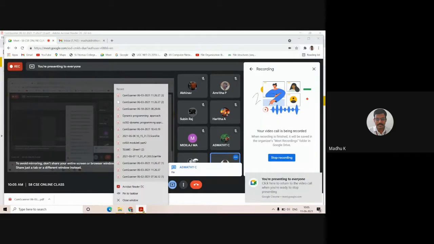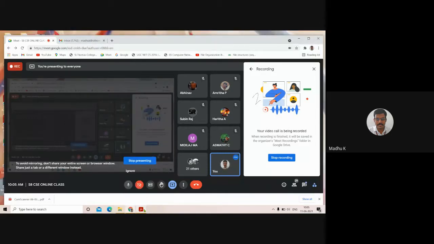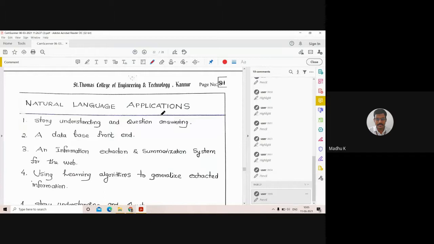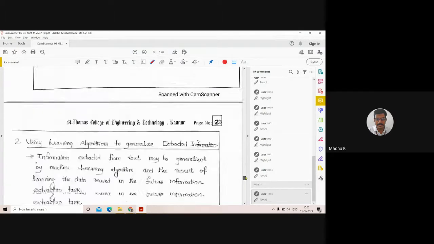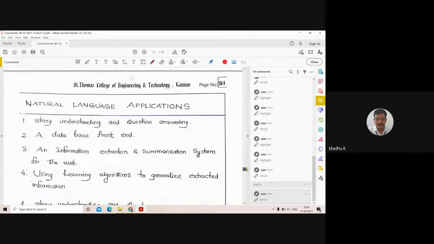So next we want to discuss the last topic, and that is about natural language applications, NLP applications. This is also a very descriptive portion, so I'm just starting it now.